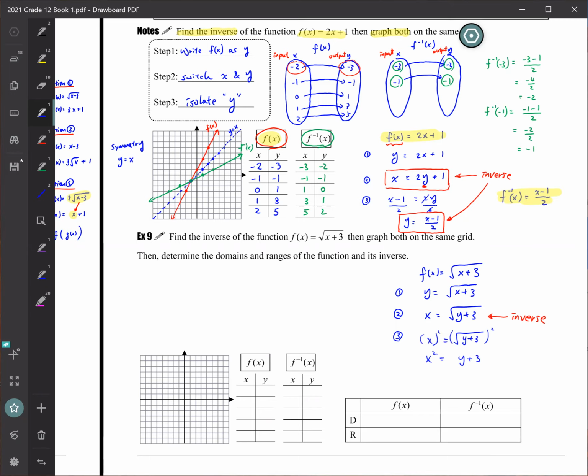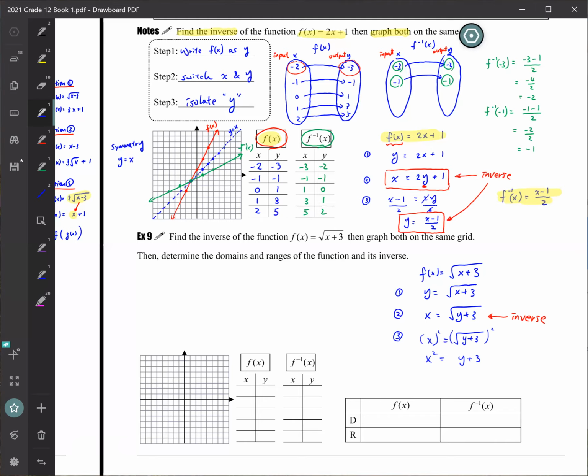And then what do we do now, Jocelyn? Are you on step 3? We squared both sides already now, right? Yeah, so we are only one step away.